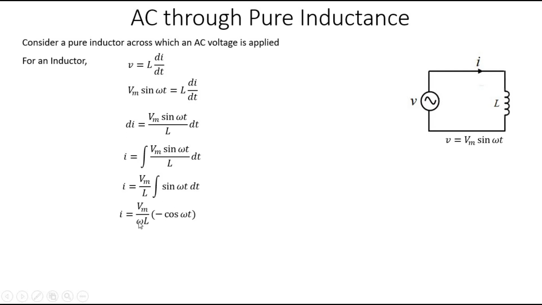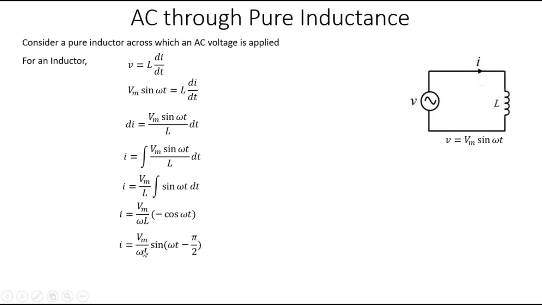So Vm by omega L times minus cos omega t. Minus cos we can write in terms of sin as sin omega t minus pi by 2, that is, sin omega t minus 90 degrees or pi by 2 radian.